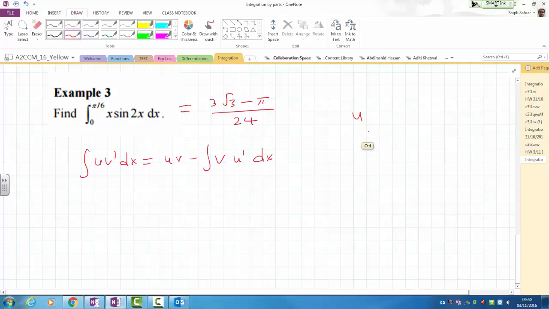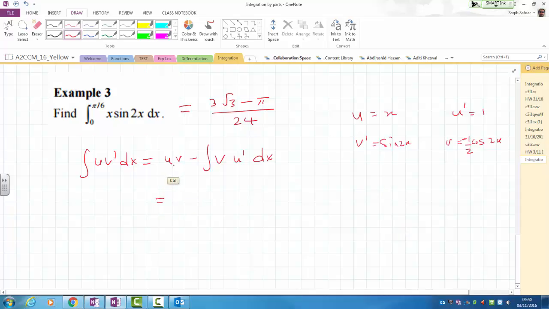If we let our u be x, then u prime is simply 1. v prime is sine 2x, so integrating this, v will give us cos 2x divided by 2, with a minus as well. Let's now substitute this back in.